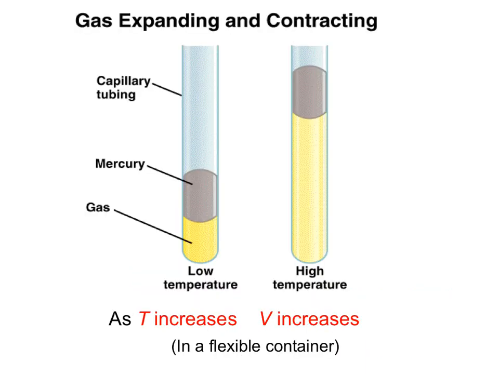Now another way to visualize Charles's law is basically the expansion and contraction in a capillary tube of a gas that has a little bit of mercury covering it. So basically at low temperature, the gas particles are not moving around or expanding quite as much.